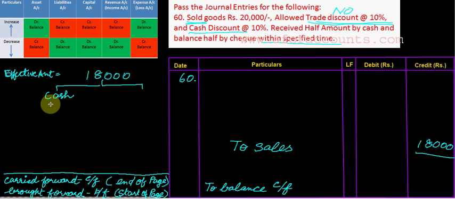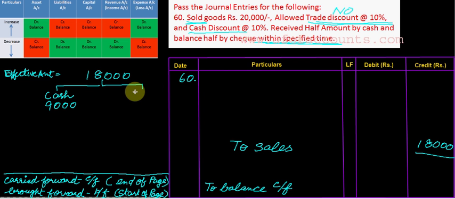Half amount of 18,000 is 9,000, and balance half by check within specified time. Means the payment has been made within specified time. So on this as well as this amount, both will have discount plugged in.